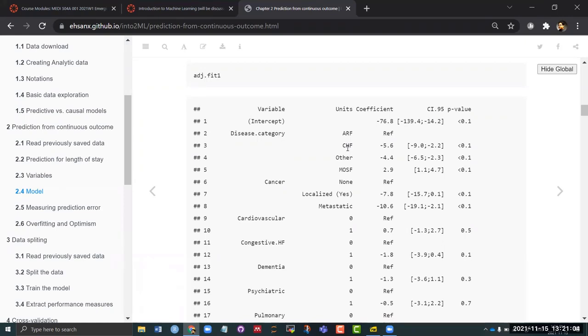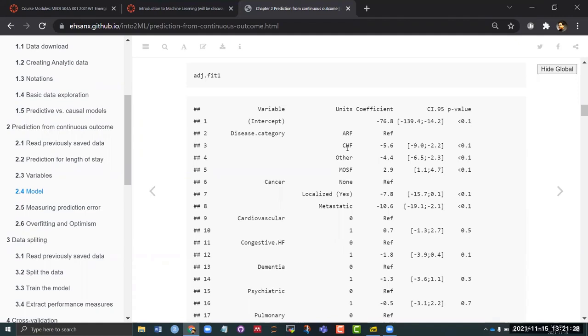The 0 is associated with no event, and 1 is associated with event, whether the person had a cardiovascular event. Then I have a coefficient associated with the cardiovascular event, and that is going to be 0.7. This is a regression coefficient, by the way. I have not transformed this to any other thing. This is a regression coefficient.